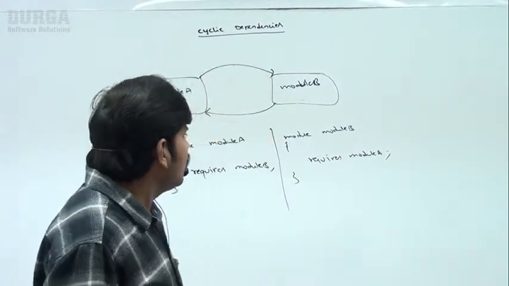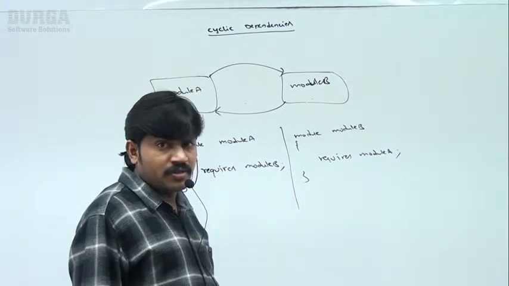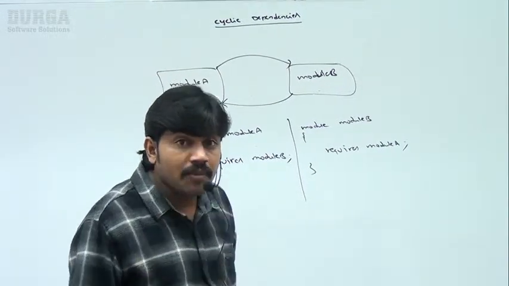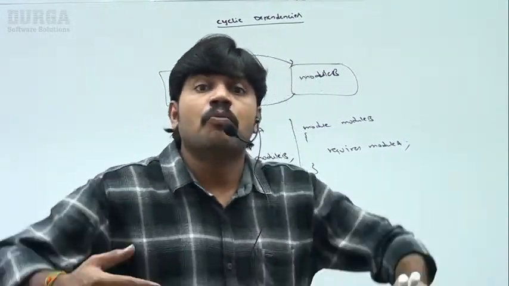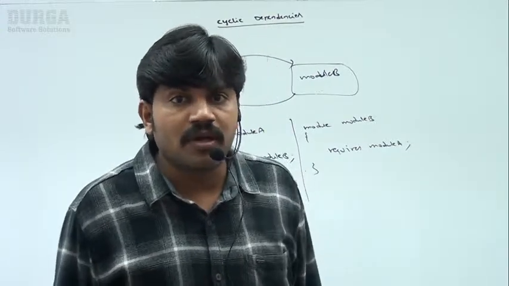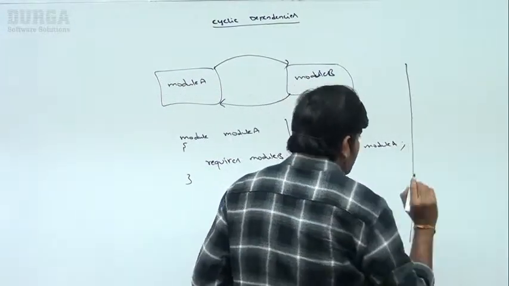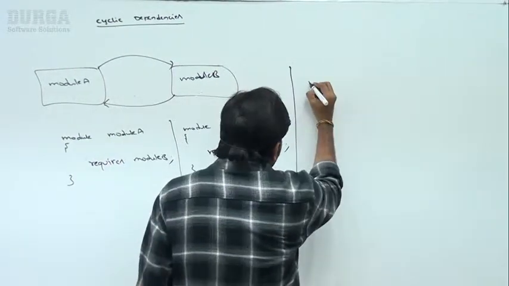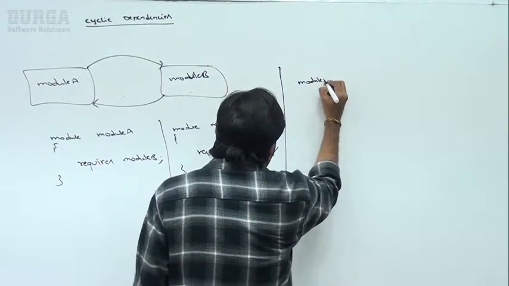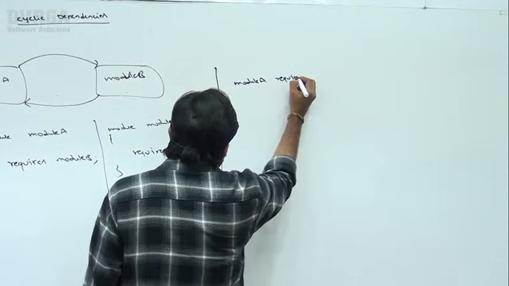Here, how many modules are available? Two modules. There may be a chance of cyclic dependency between more than two modules also. Observe how it is possible.